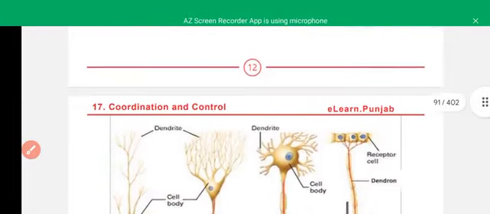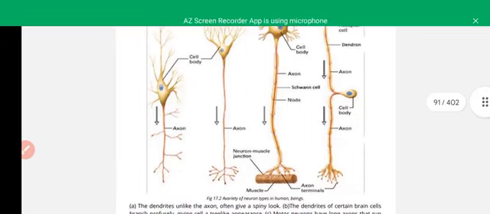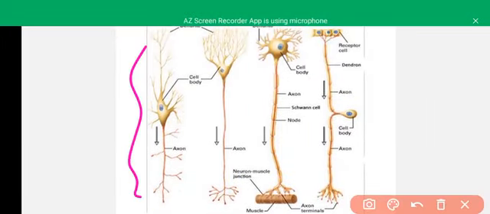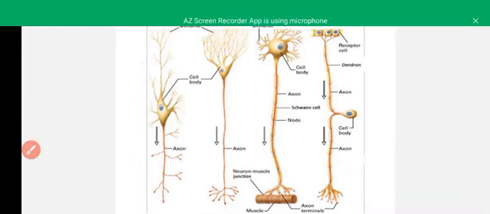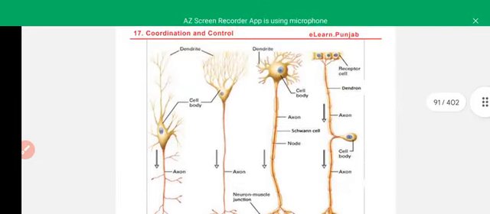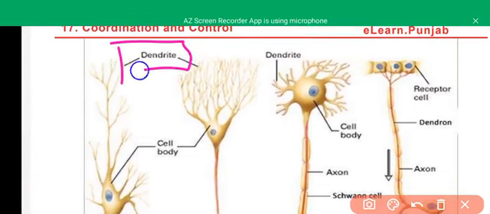We will study about different types of neurons, like here are the dendrites and axons, and here we have sensory neurons. And what is the look of dendrites? Dendrites give a spiny look.